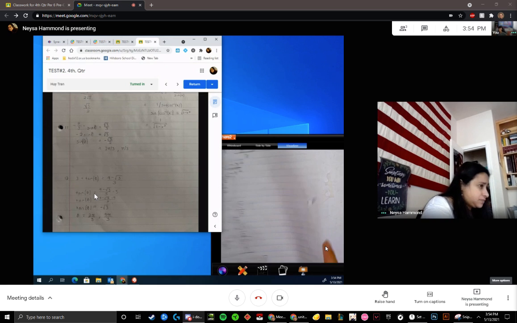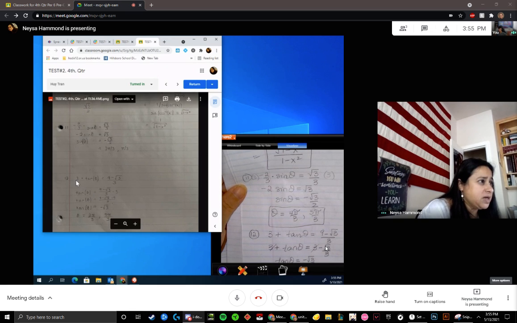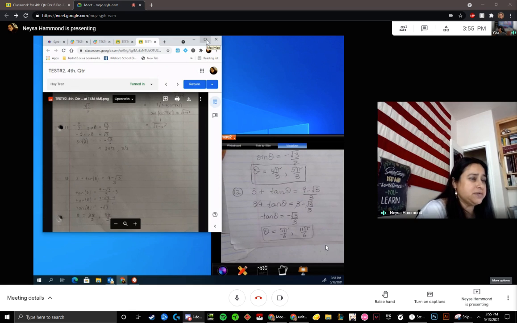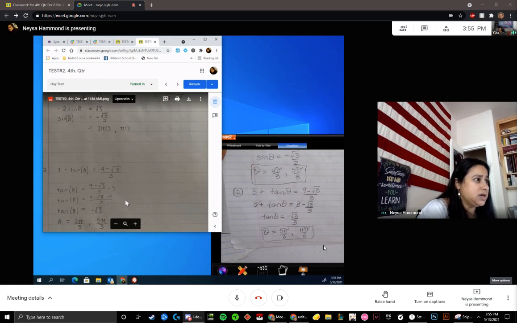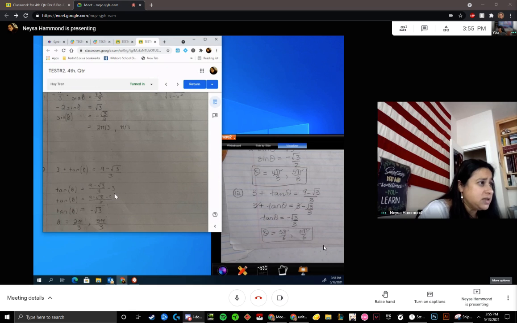This one was incorrect in the steps. Let me show you mine. You subtracted 3, which is fine. That's correct. Then the 9 minus 9 cancels, that's correct. But then you still have negative root 3 over 3.